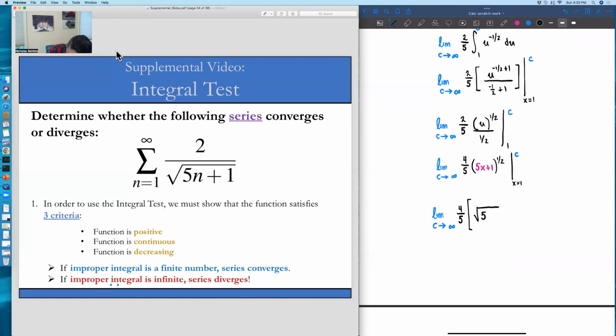We have 5 times c plus 1. And I'm just rewriting that as a square root. And we subtract the lower bound from it, the square root of 5 times 1, which is 5, plus 1, which is 6. So again, the second term that's equal to the square root of 6. It's just some finite number.